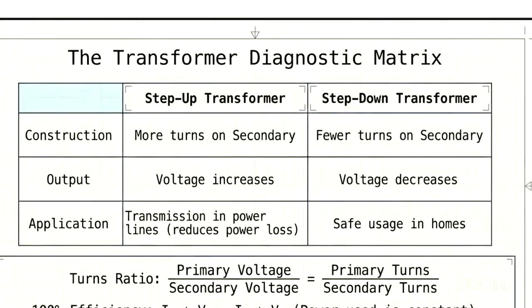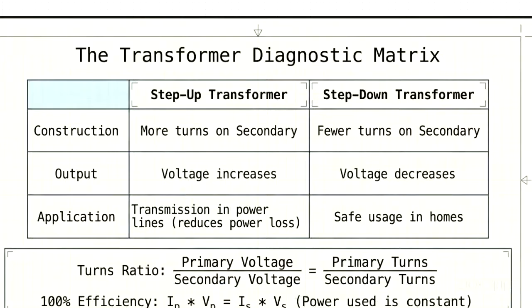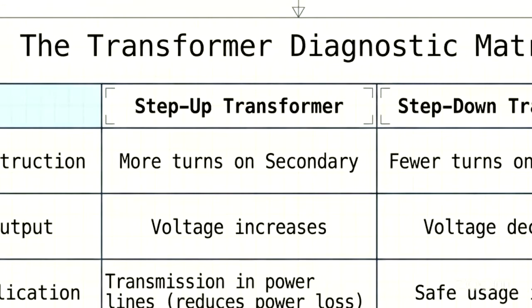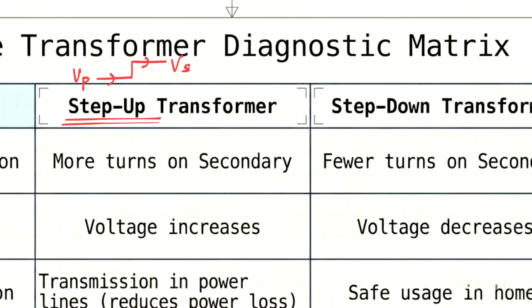Then, the transformer types. As I mentioned, there are two types of transformers. Step-up transformer: just imagine the Vp value, the primary voltage, is a low value, and you need to increase the voltage in the secondary one. So you are providing a small voltage, but you are getting a higher voltage value from the output.